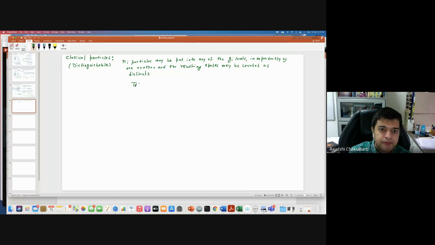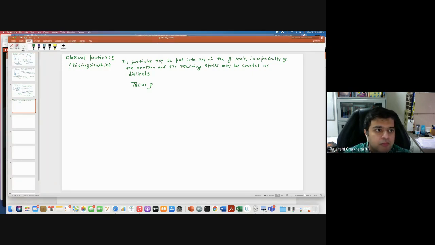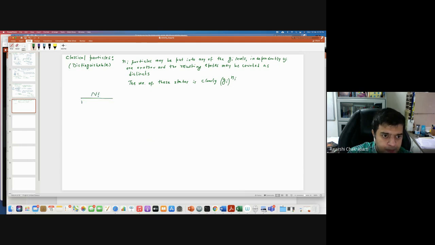But you remember that if you have n objects and you group them into n1, n2, n3, remember this one, for distinguishable particles.